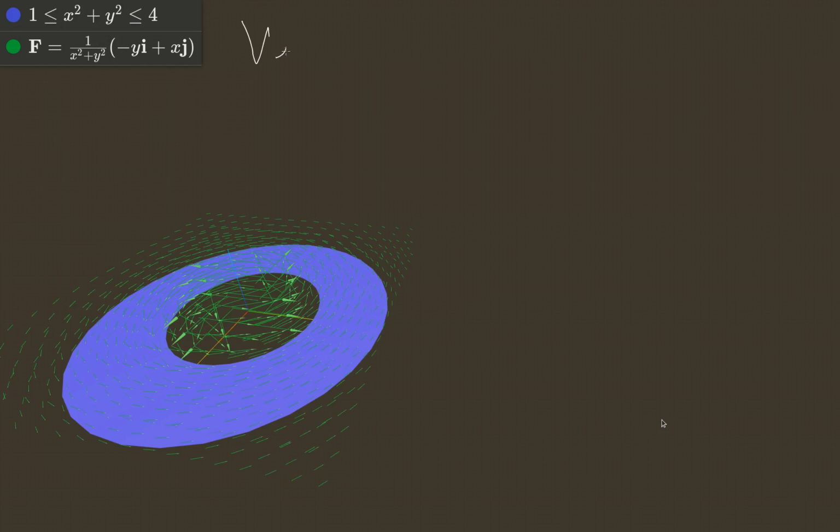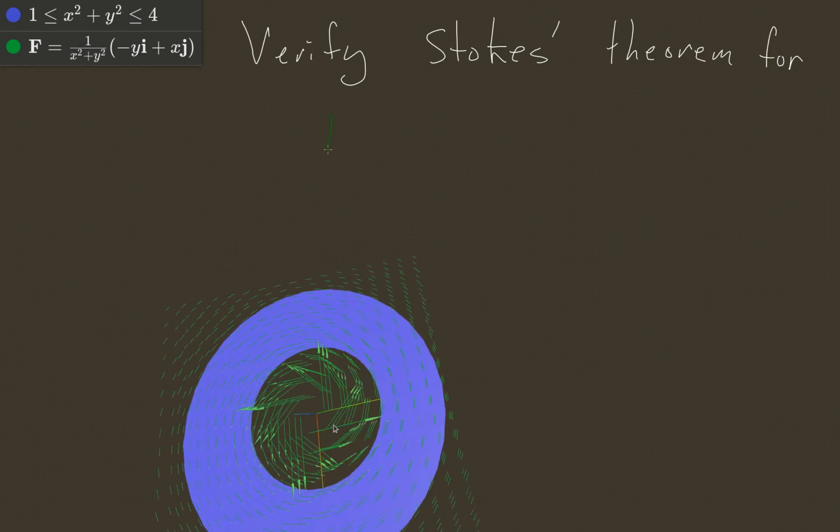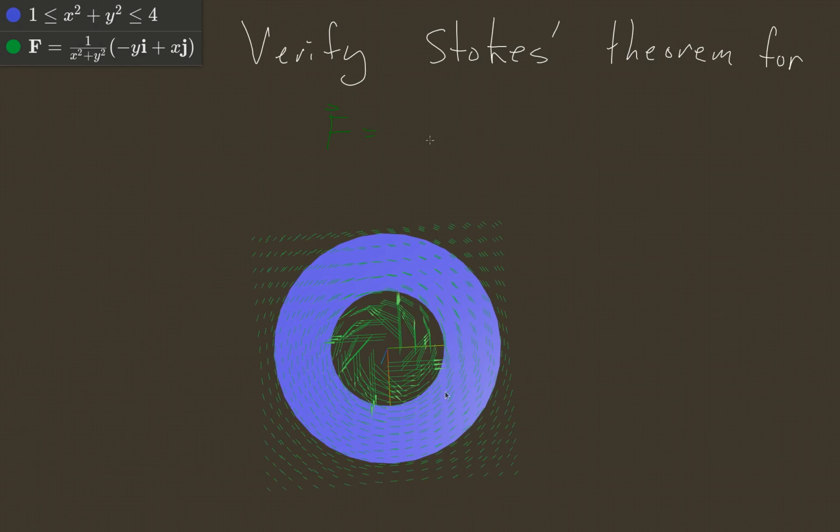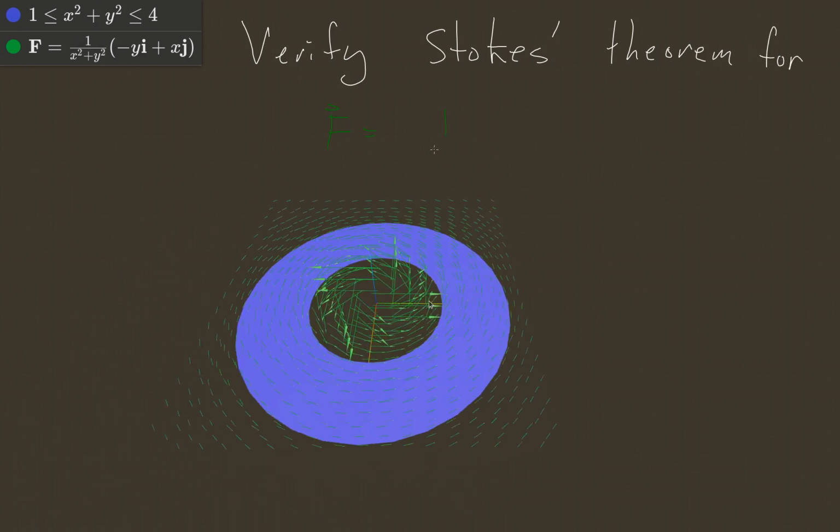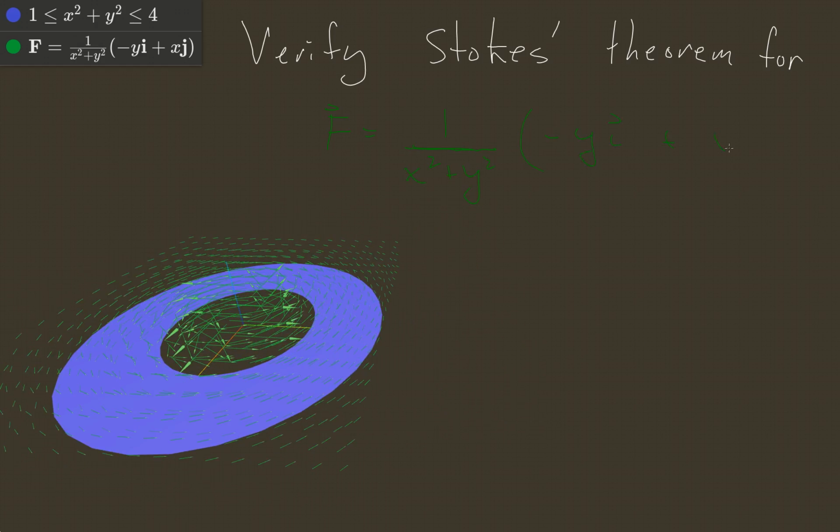In this example, we'll verify Stokes' theorem on a surface whose boundary has multiple components. So we'll take our vector field to be a type of angular vector field, F = 1 over (x squared plus y squared) times (negative y i plus x j).